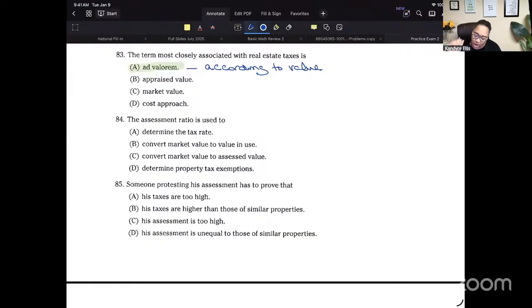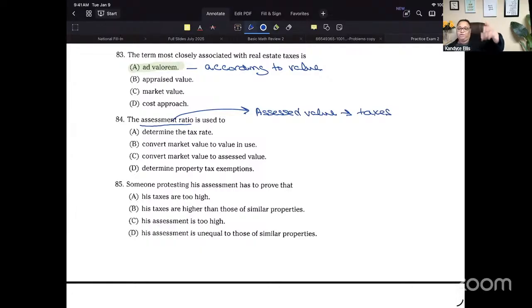All right. Also, A is for apple, and the assessment ratio is used to what? Now, I will tell you right now, assessment ratio is not a term where I just go, yep, I know what it is. But I do know that assessed value has to do with how you pay your taxes.